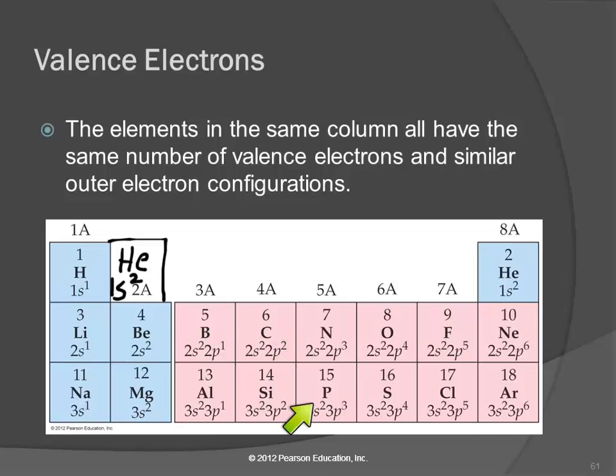How about phosphorus? 5. And what group number are they in? 5. Fluorine, how many valence electrons? 7. And chlorine? 7. And what group number? 7. How convenient is that? It seems like someone set it up that way. Helium's not going to play ball. Helium is the baby brother.